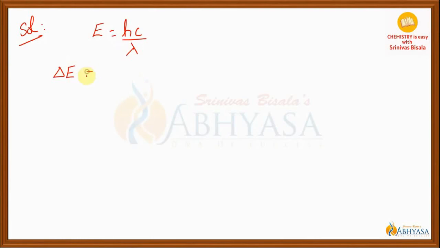And delta E is equal to E2 minus E1. As we know that when the electron jumps from first level to second level, the energy absorbed is equal to the difference in energy of the two levels, and this is equal to hc by lambda.